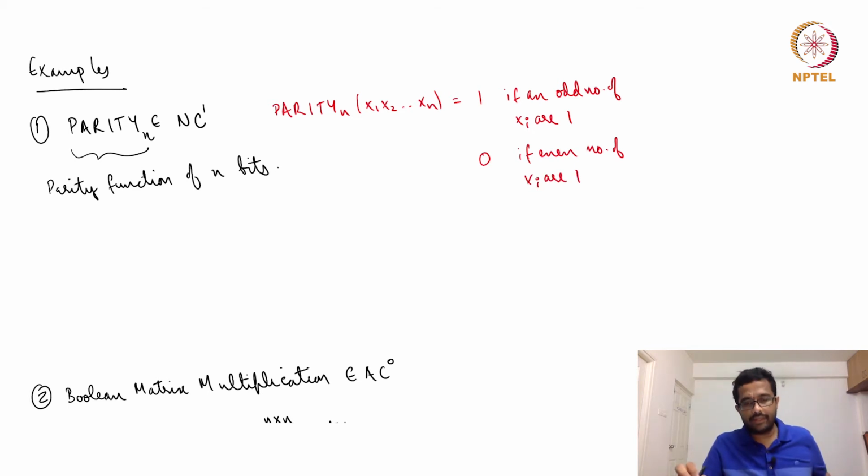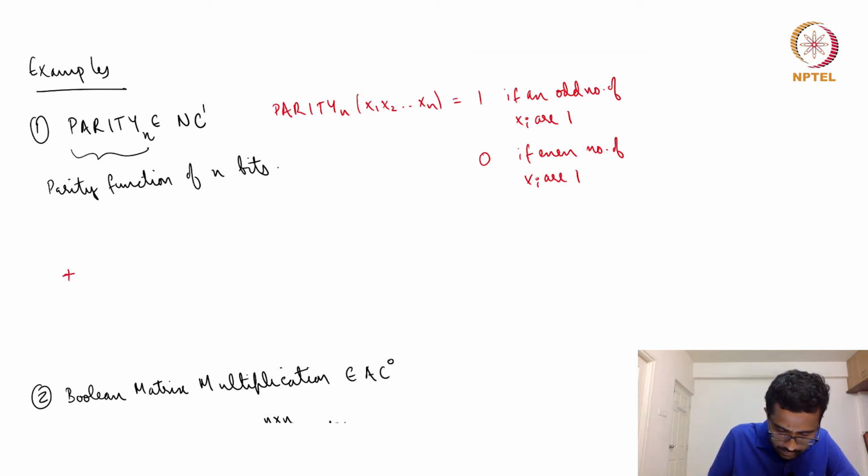Okay, so that is parity, and this is in NC1, which means we are allowed log n to the 1 depth. Okay. So let us see why that is. So notice that we could make a parity gate. Let us say we make a parity gate and we denote it like this.